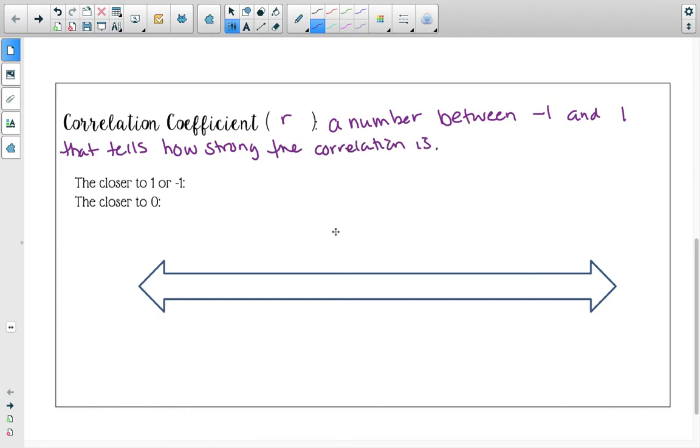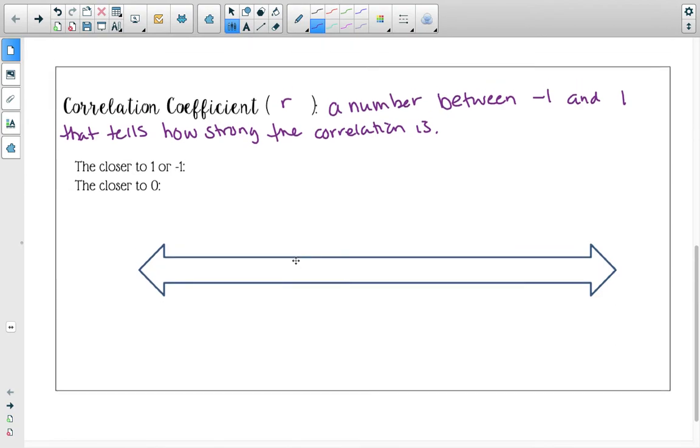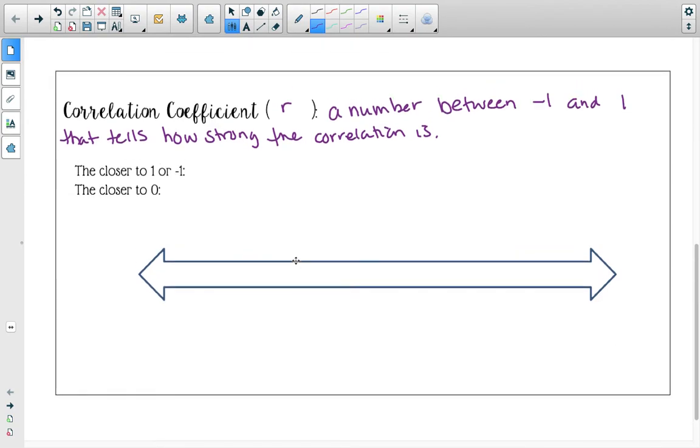So we might see a pattern on here, and we might think that it's pretty strong, but it could be rather weak. You can still see a linear pattern in this graph, but it might be fairly weak compared to this pattern right here. The correlation coefficient will actually tell us how strong the correlation is.